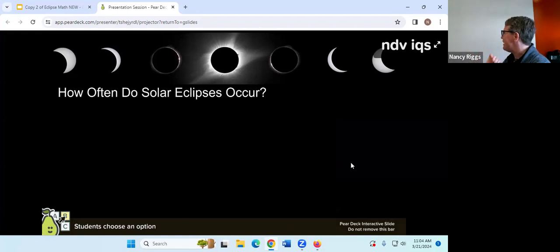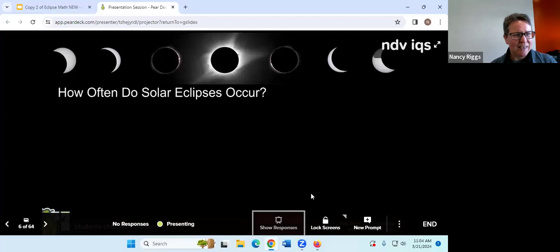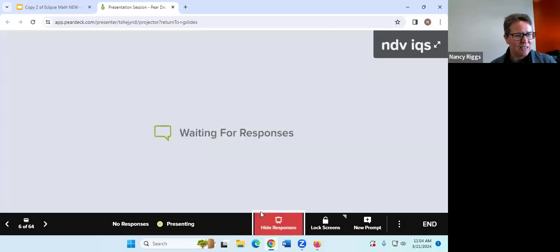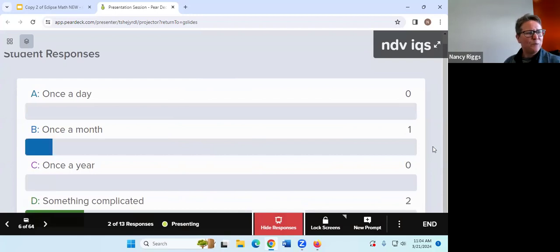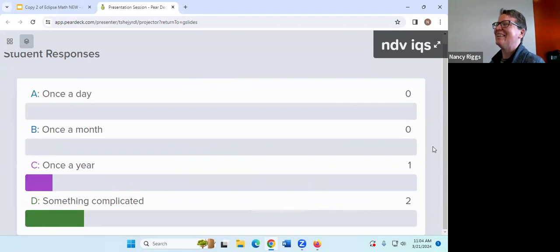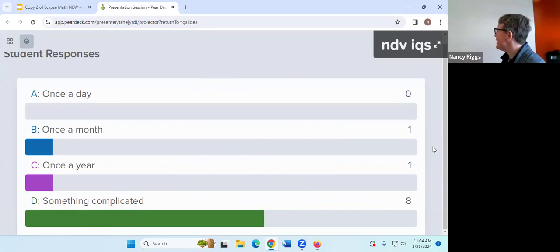So here's the first question I've got for you: how often do solar eclipses occur? If you're on the Pear Deck, you should have a couple of options there. Does it show responses? So you've got once a day, once a month, once a year, something complicated. Got a thought? That is very specific. All right, I got a couple other people coming in.